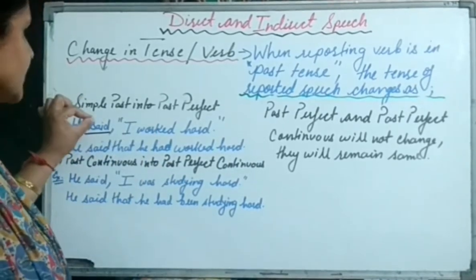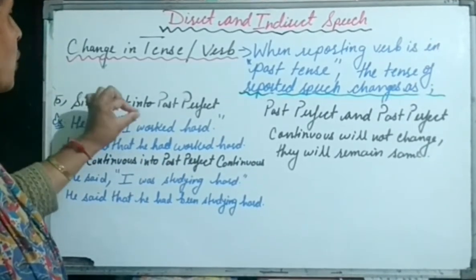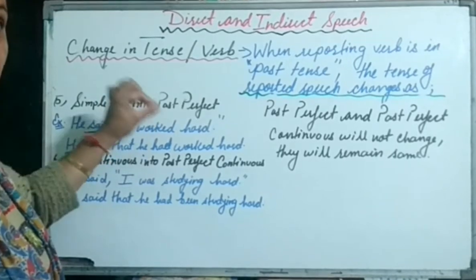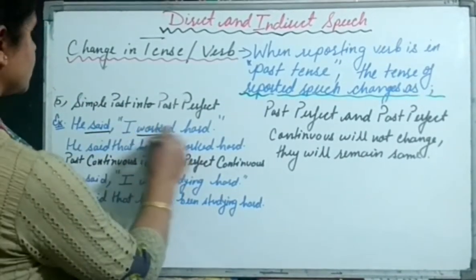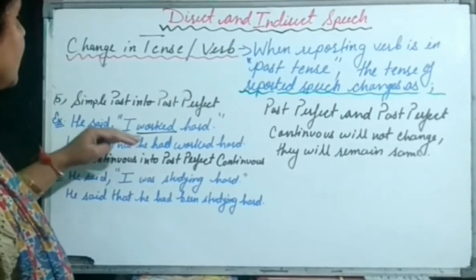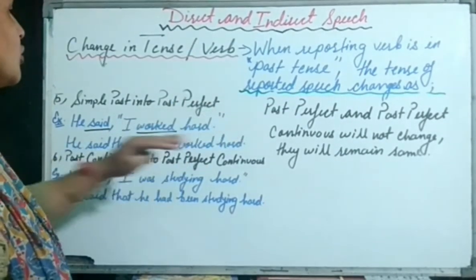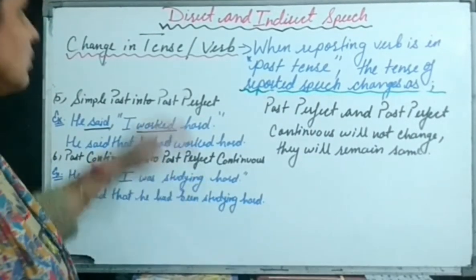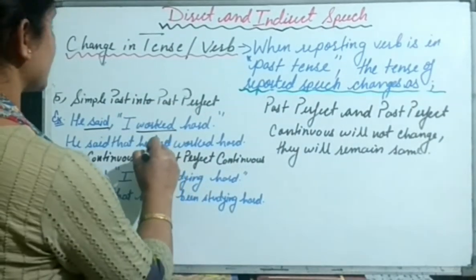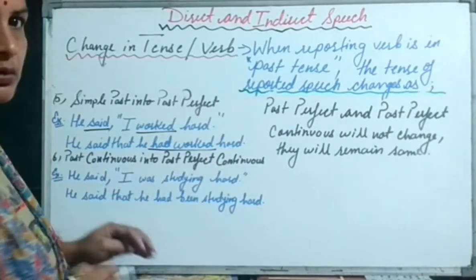It is in past tense. Then reported speech is in past here: I worked hard. This is past. He said that he had worked hard. So we change indirect speech into past perfect, it is "had worked".